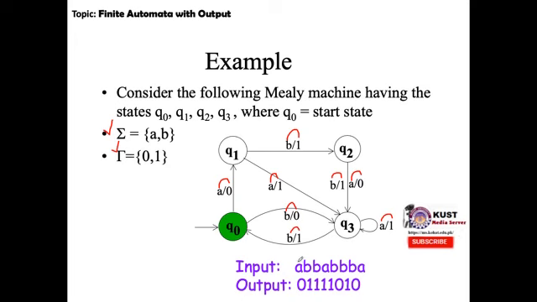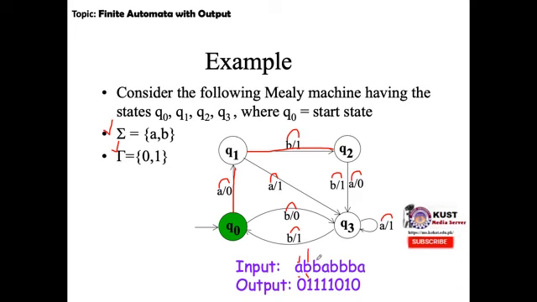So by input A, we will go from Q0 to Q1, and what will we print? A 0. So it will be this path. Then we read a B, so we will print a 1.